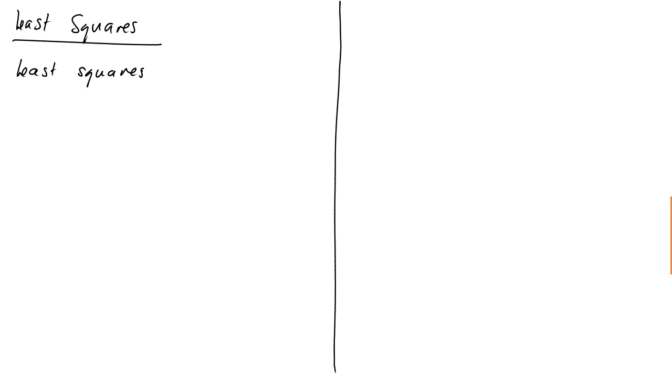So our first application is going to be least squares, strangely enough. Now, what does least squares have to do with quadratic programming? Well, let's see. Least squares can be cast basically as an unconstrained QP.